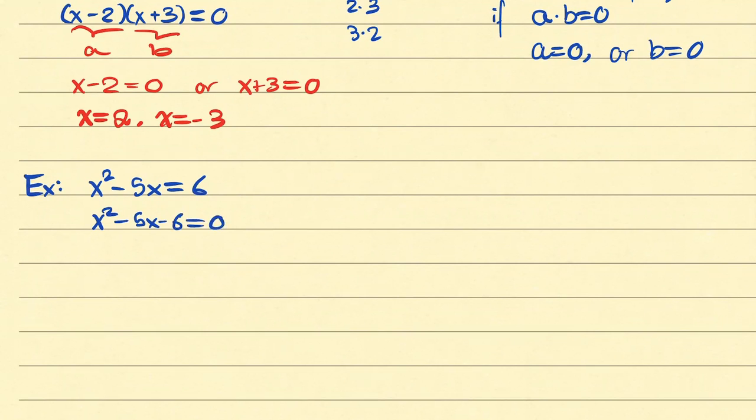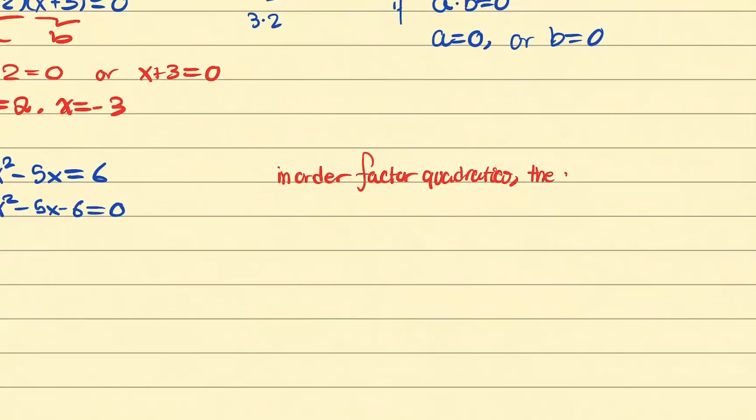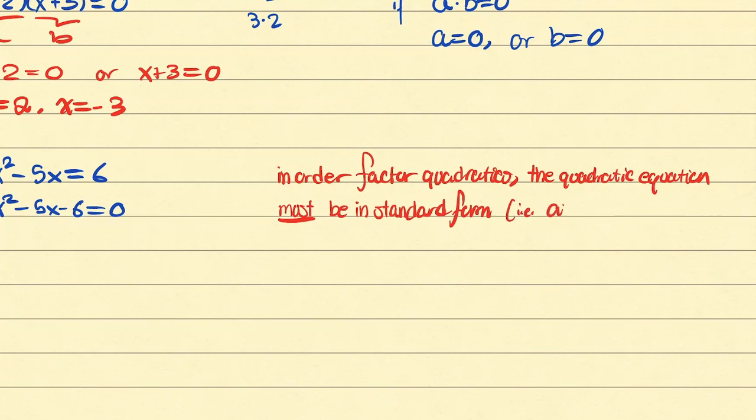So this is a note for you guys. In order to factor quadratics, the quadratic equation must be in standard form, i.e., ax squared plus bx plus c equals 0.